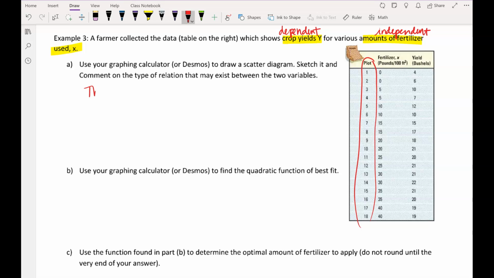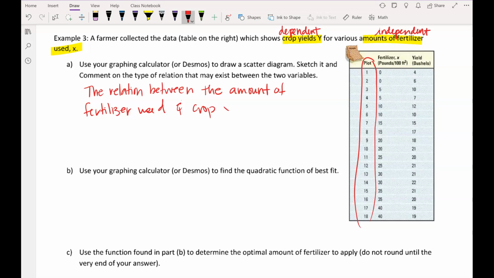So the relation between the amount of fertilizer used and crop yield is non-linear.